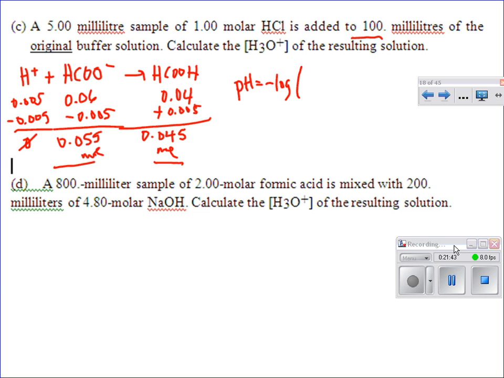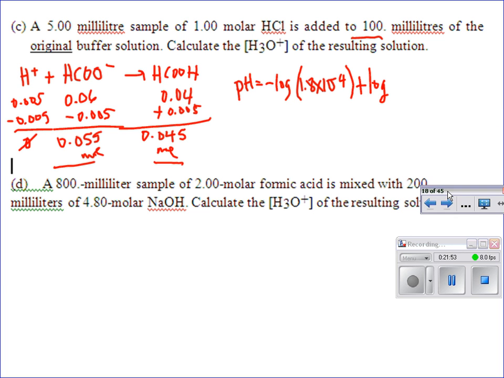pH is equal to the negative log of 1.8 times 10 to the negative fourth plus the log of 0.055 over 0.045.